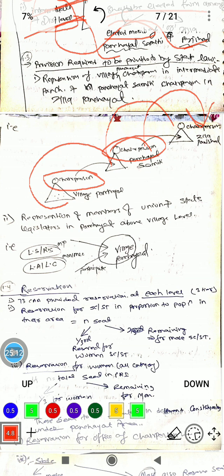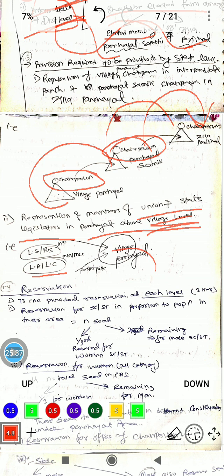Plus representation of members of the union and state legislative assembly in the panchayat above the village level. Means the Lok Sabha, Rajya Sabha, that is the member of parliament, legislative assembly, legislative council, that is the MLA or MLC. These people's representation should be there above the village level, means at the intermediate and at the Jilla Parishad they should participate.